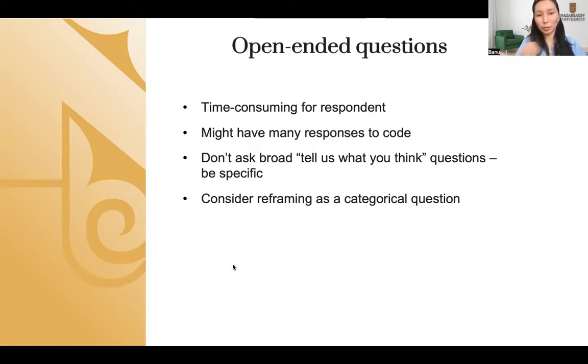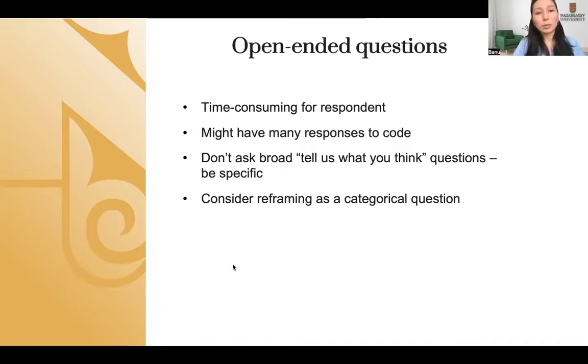That means you will be losing data. It is also time-consuming and quite challenging to code. As a survey researcher, when you receive your data, for example you distributed your survey to 1,000 or 500 people and you get 200 or 300 responses, you have to manually go through each of them and code it. This also imposes some challenges.